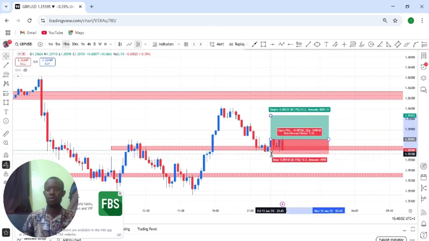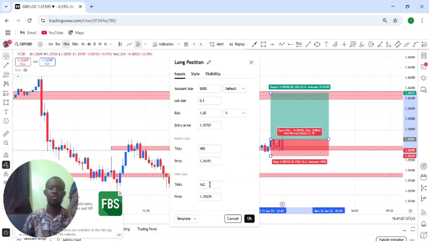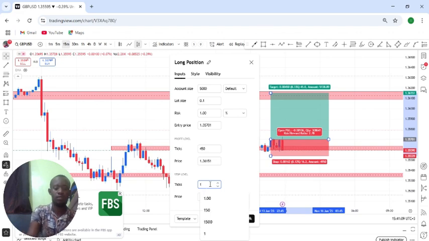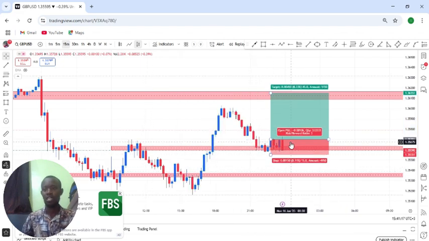Our take profit should be 450 pips, and our stop loss should be 15 pips. So that could be it for our trade right here.